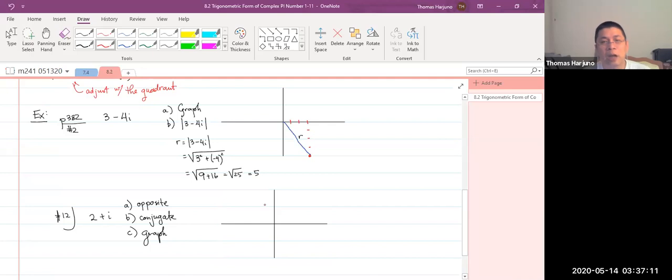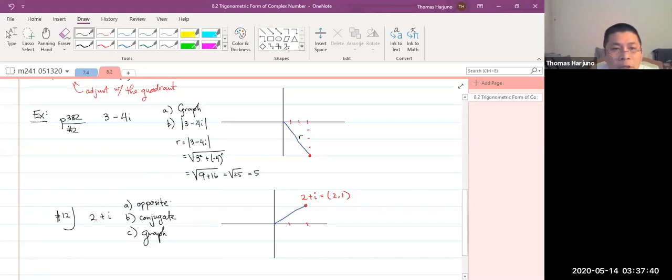2 + i means 2 units to the right, 1 unit up. So this is 2 + i, which is represented by (2, 1), right? Now, how about the opposite of 2 + i?